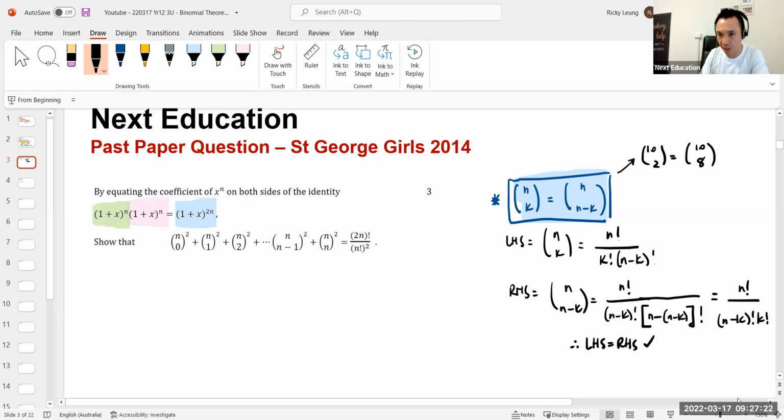They're equivalent. What else does this mean? 5C3 is the same as 5C2. If the top number is the same, then the bottom number is 5 minus 3, so it's 2, right? It's all symmetrical, all good, right? That's what it means. Now, why am I telling you that? Because we need it for this question. Implicitly, as part of the proof, we need it later. So keep that fun fact in the blue box up your sleeve.